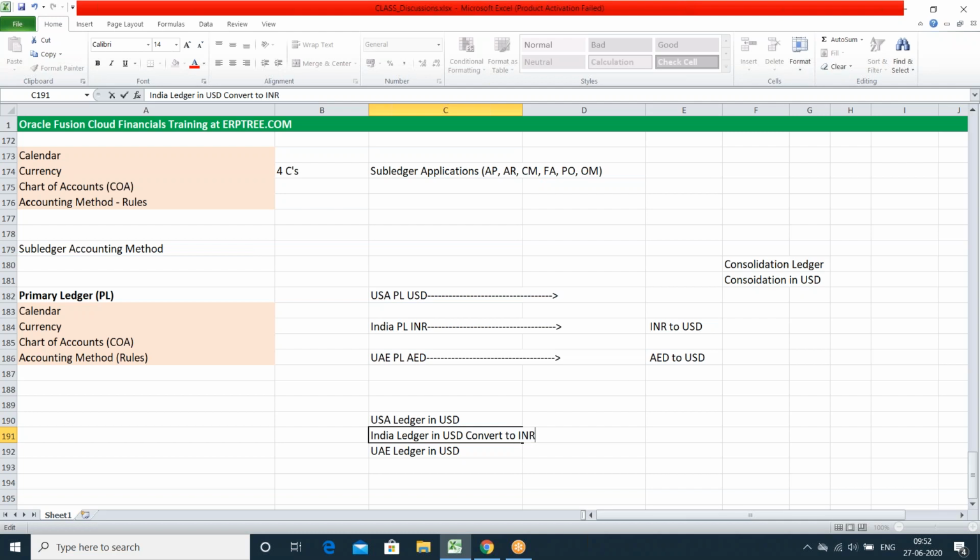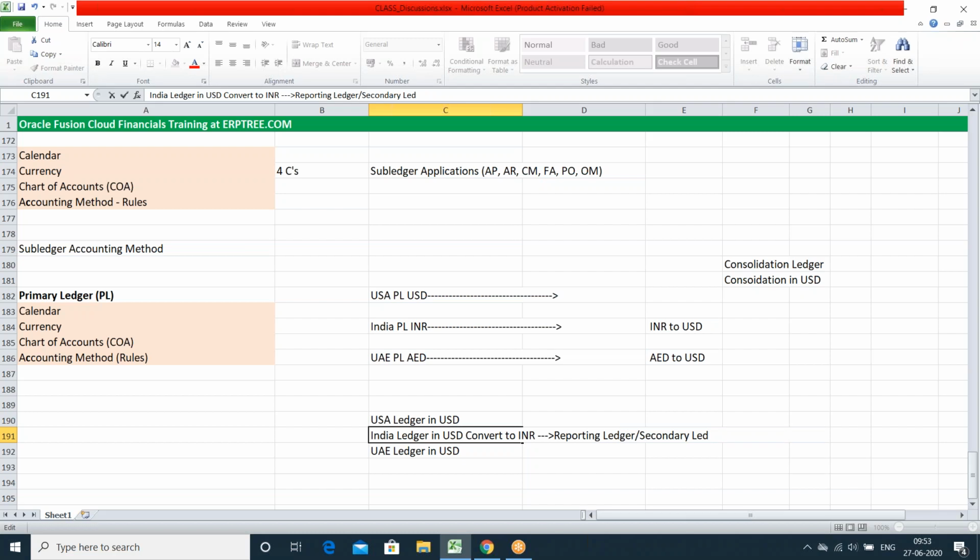USD to INR. That information they'll maintain in the ledger called reporting ledger or secondary ledger, or by using the translation, they'll maintain in the consolidation ledger. Okay, a consolidation ledger is not required.